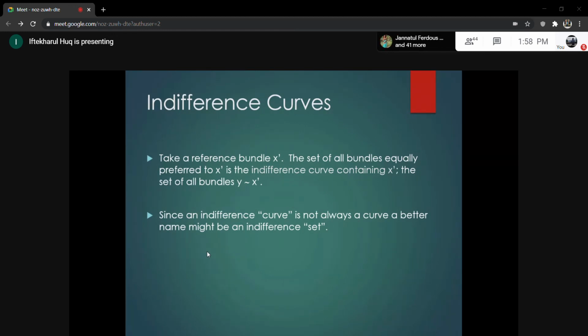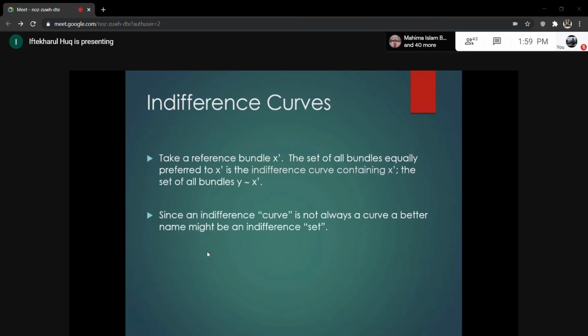Many of you have seen this in Econ 101, some of you may not have. So indifference curve basically means all the different bundles, all the different combinations on this particular curve are supposed to give you the same level of satisfaction. Or here I can say that all bundles should be equally preferred. So all the combinations within the indifference curve should be equally preferred.